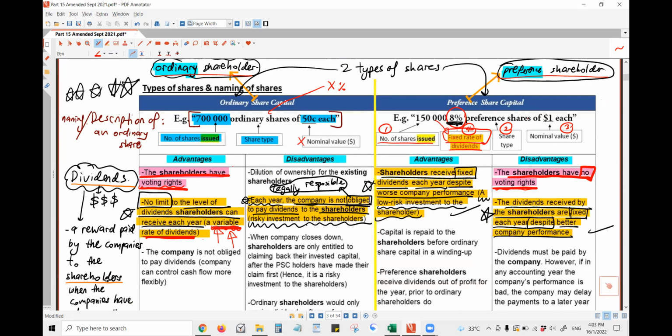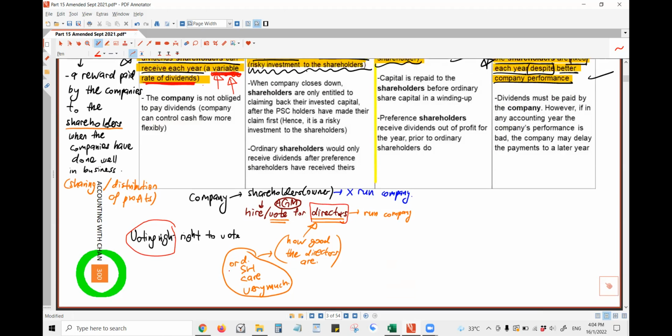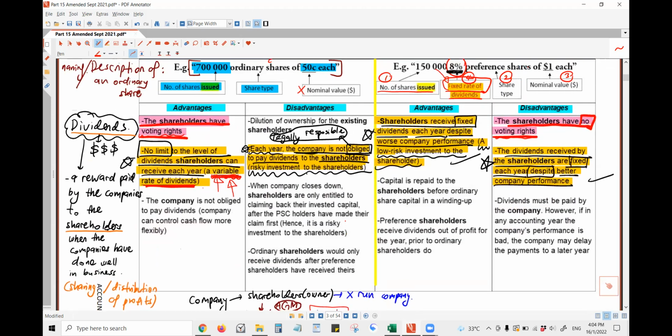And then we talk about voting rights in detail. It's about selecting the people to assume the role of directors to run the company. Okay, and it is ordinary shareholders who would care about who will become the directors of the company, because ordinary shareholders' dividends depend on how good the company has been run.